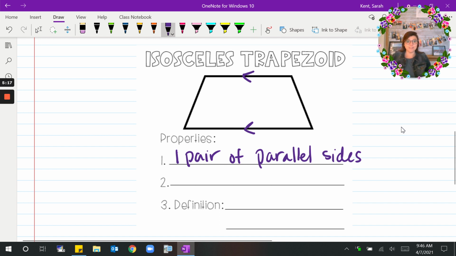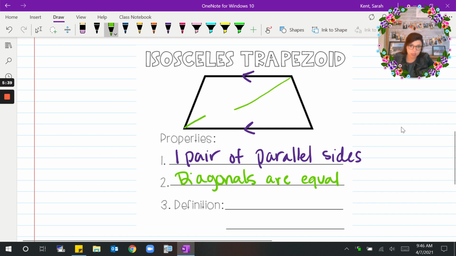Our second feature about an isosceles trapezoid is that the diagonals are equal. If you'll remember, that was the same as a rectangle.